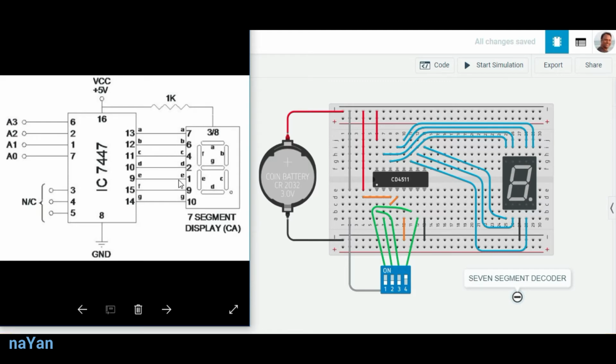So instead of using a common anode 7 segment decoder, we are using a common cathode 7 segment decoder in this breadboard system. However, in both cases the pin numbers and circuit connections are the same. So there will be a very small difference in the connection of the circuits, but most of the connections are the same between these two circuits.